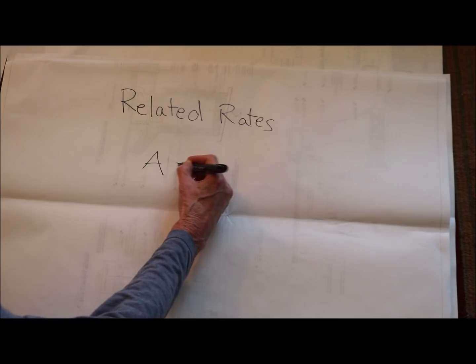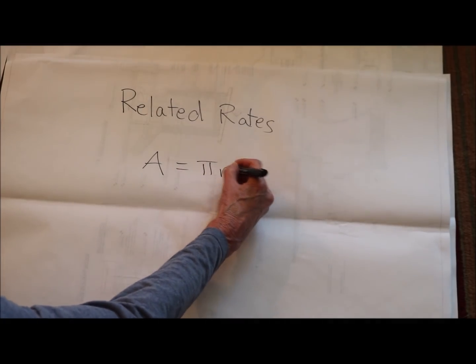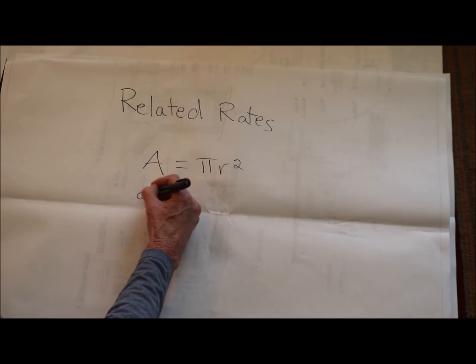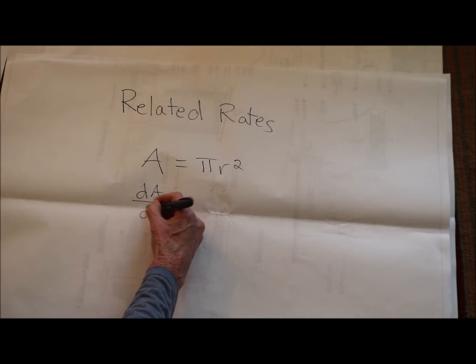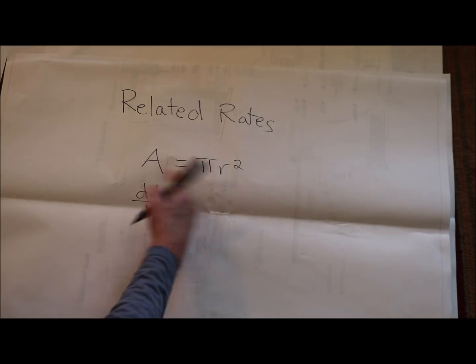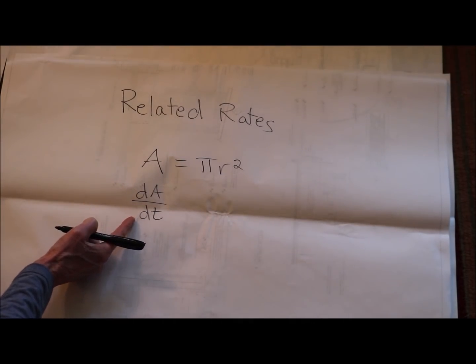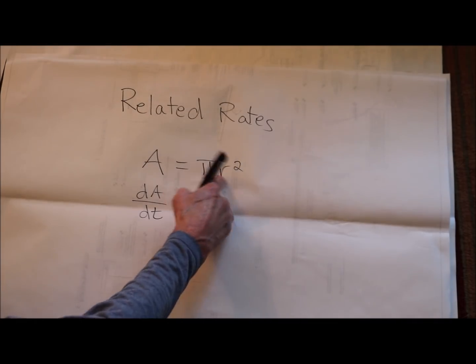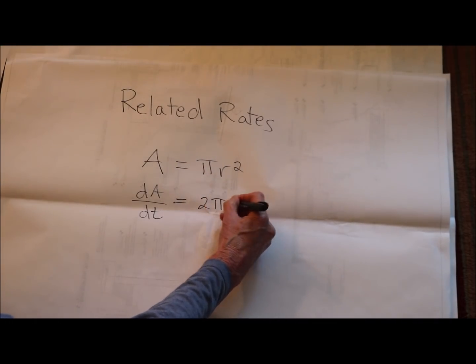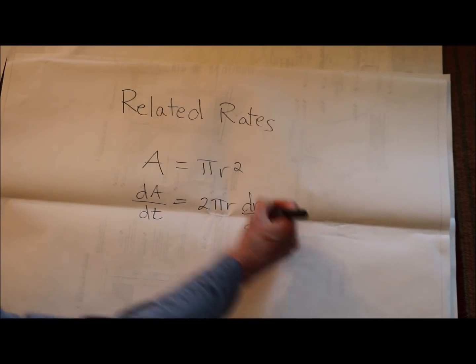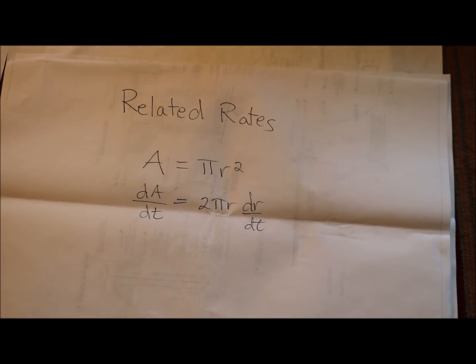Remember the whole thing about related rates, here's the area of a circle, is you're looking for a relationship between the rates at which the variables change. So you're always taking the derivative with respect to time. So the derivative of this would be 2 pi r, and then chain rule times dr/dt. So do a related rates problem if you haven't done one recently.